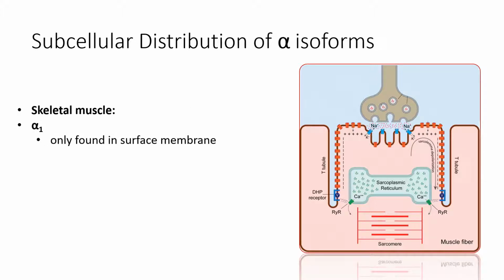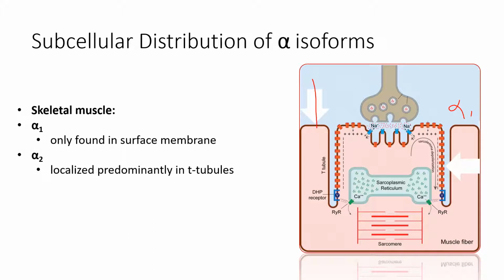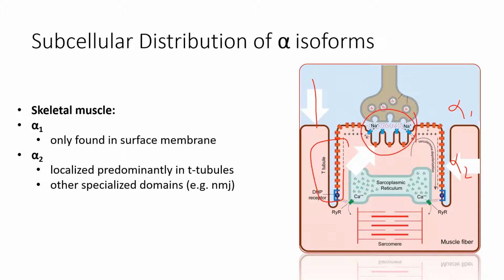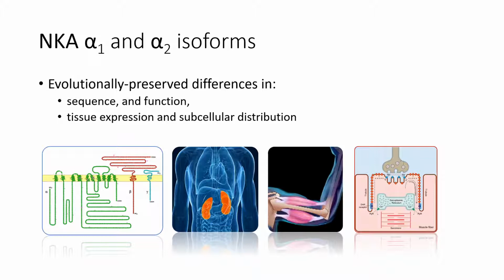For example, in skeletal muscle, alpha 1 is only found in the surface membrane, but alpha 2 is localized predominantly in the T-tubular system and some other specialized domains like the neuromuscular junction. So alpha 1 and alpha 2 isoforms have some evolutionarily preserved differences in sequence, function, tissue expression, and subcellular distribution.